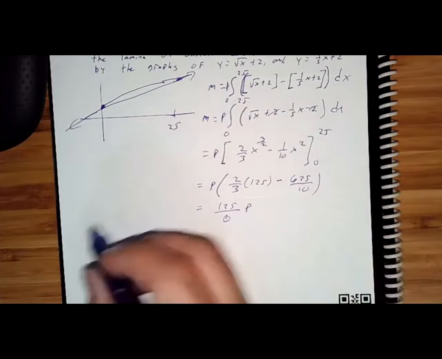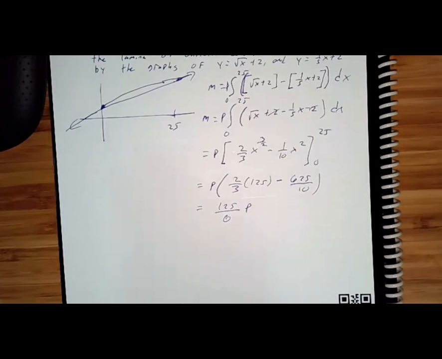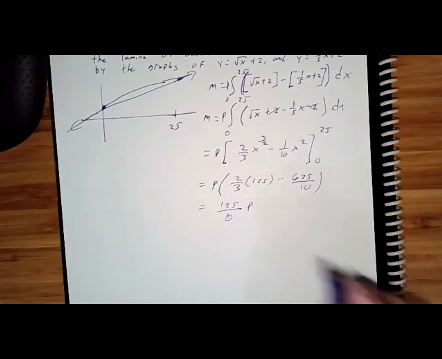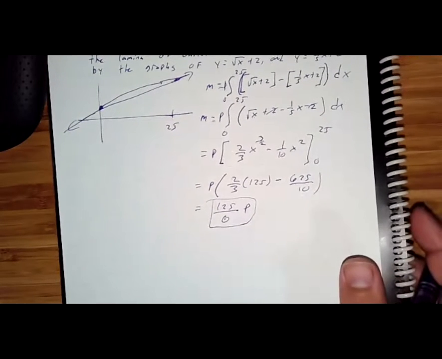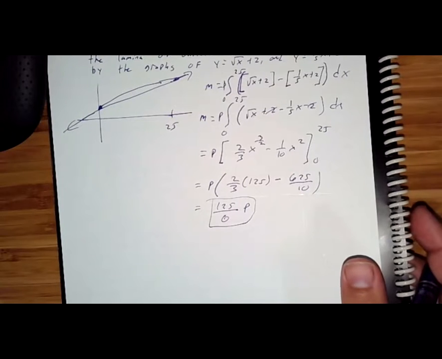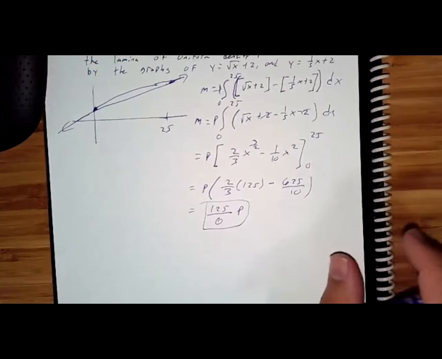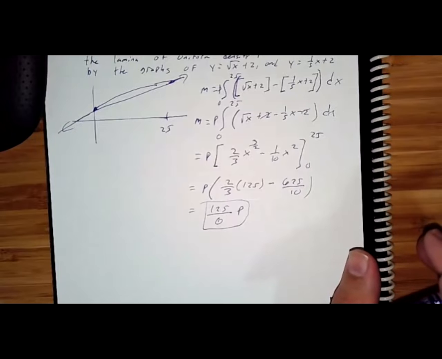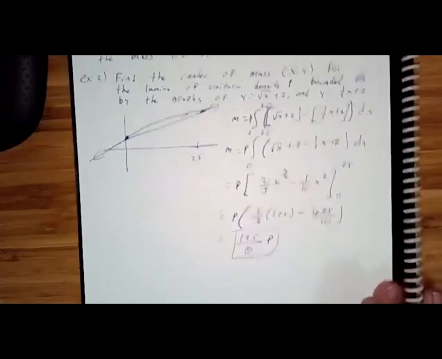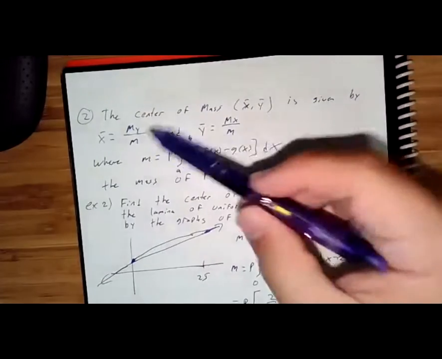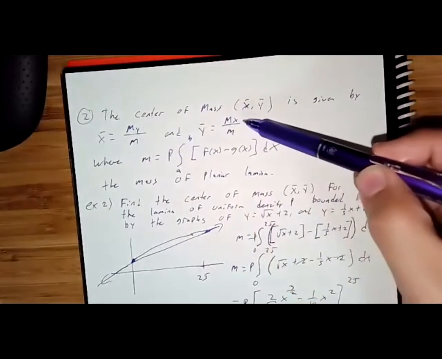I don't think I have space here for that. Okay, so we're going to need this. Let's go ahead and do it on the next page. So what I'm going to do is use this formula to find capital My and Mx.